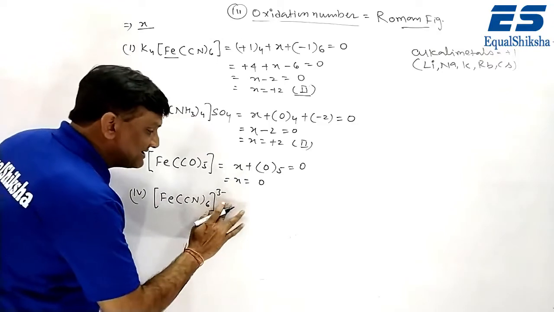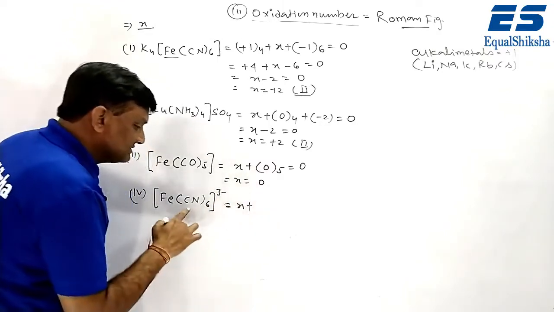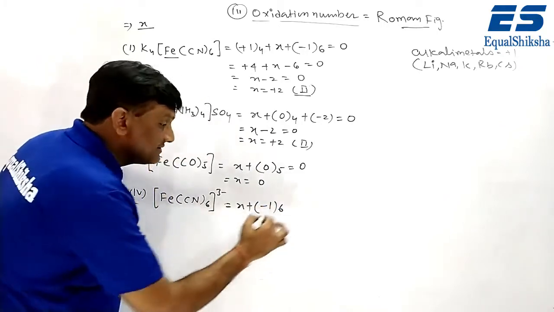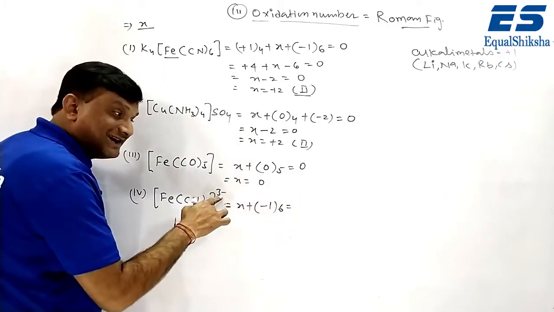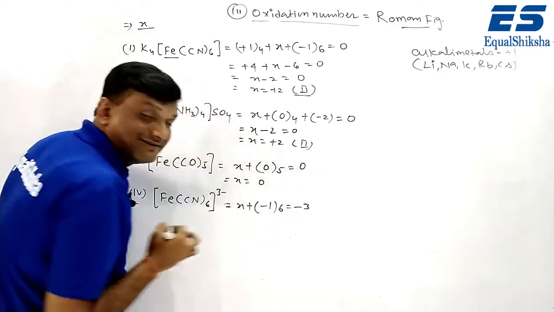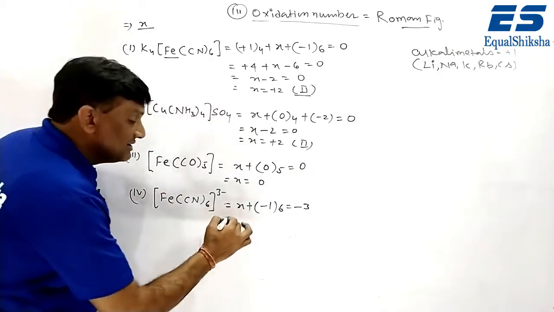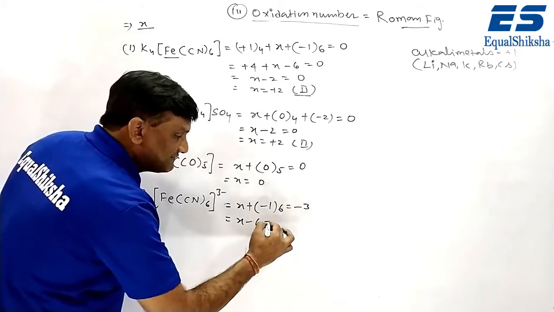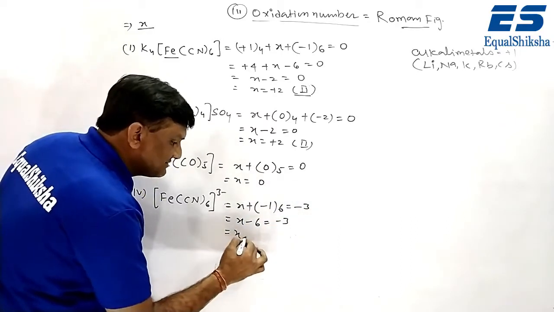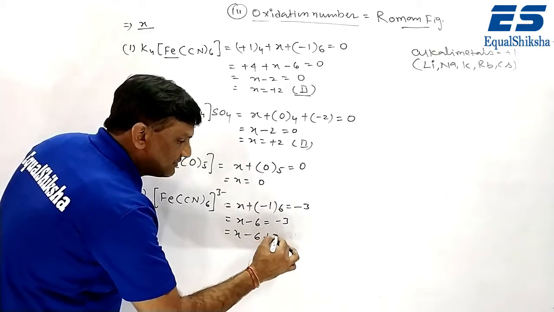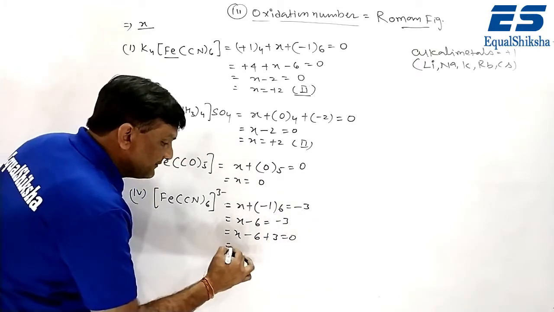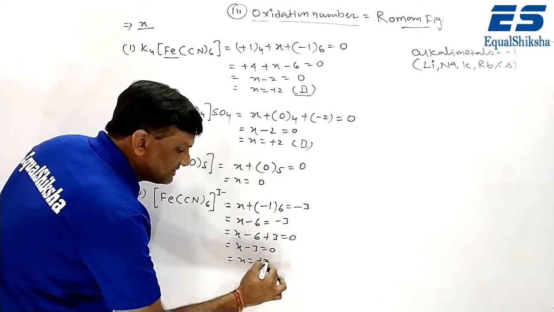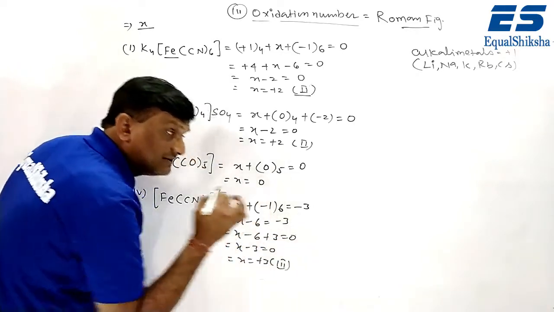Fe is assumed as X. CN is -1, total number is 6, and the total charge here is -3. So X minus 6 equals -3, so X minus 6 plus 3 equals 0, so X minus 3 equals 0. Then X is +3. Its oxidation number will be III.